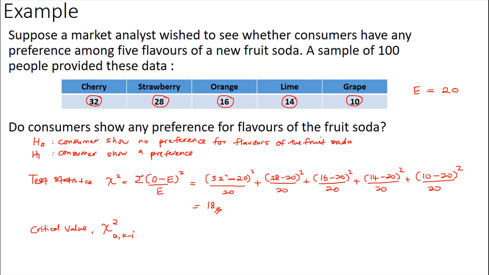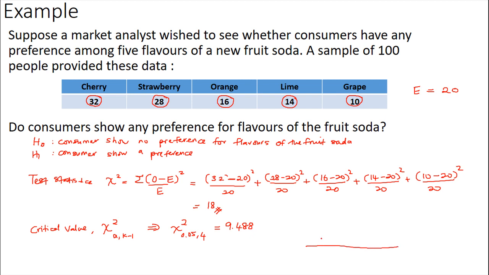For this data, we have 5 categories: cherry, strawberry, orange, lime, and grape. So k minus 1 is 4, and alpha is 0.05, the standard alpha in statistics. Referring to the chi-square distribution table, the answer is 9.488. This is the critical value.